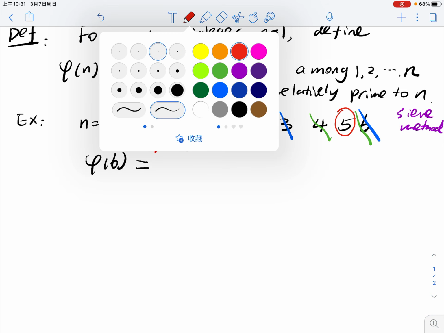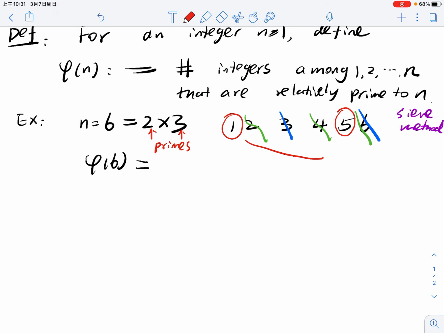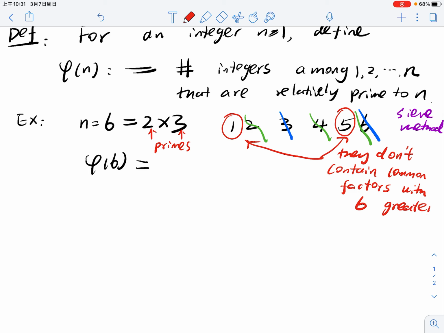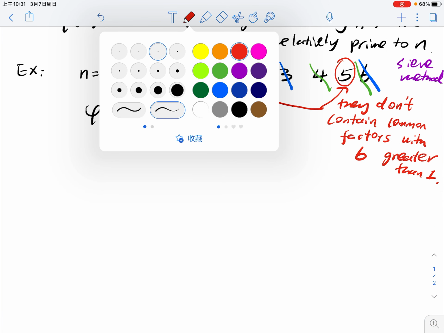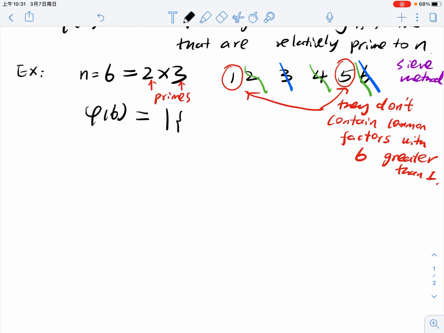In other words, they don't contain common factors with 6 greater than 1. Therefore, by the definition, you're counting the cardinality of the set containing 1 and 5, so phi of 6 is 2.